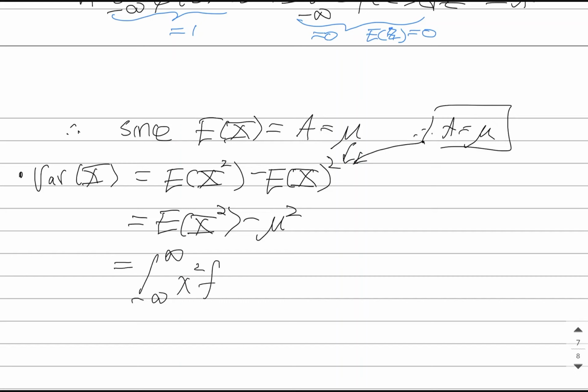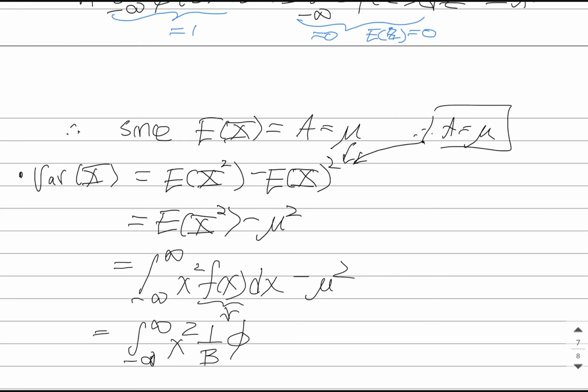We will take the definition of expectation of x squared, and we'll substitute in our result for the density. And now we'll have (x minus mu) over b.